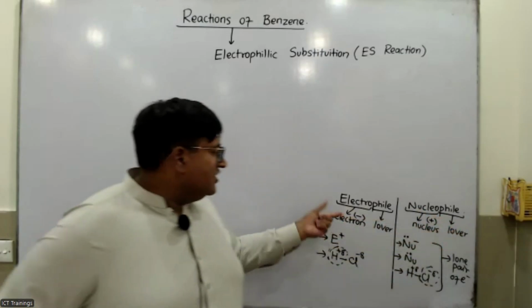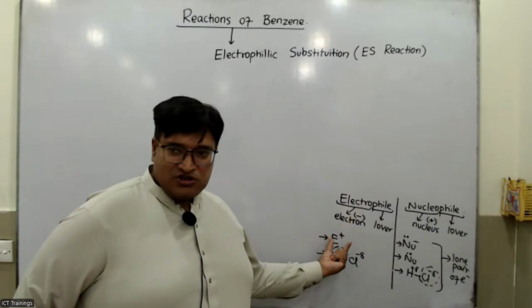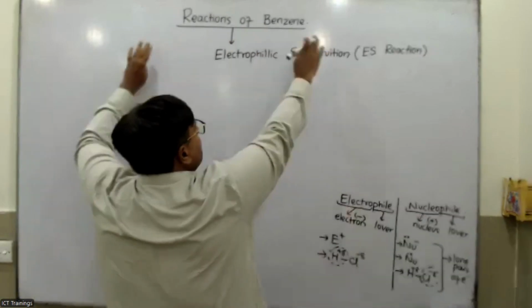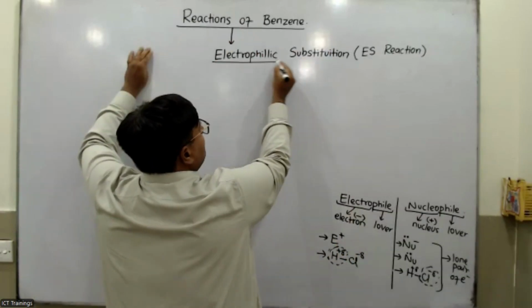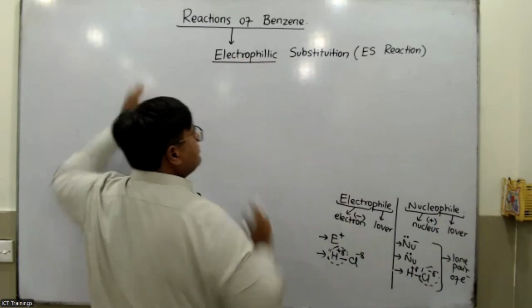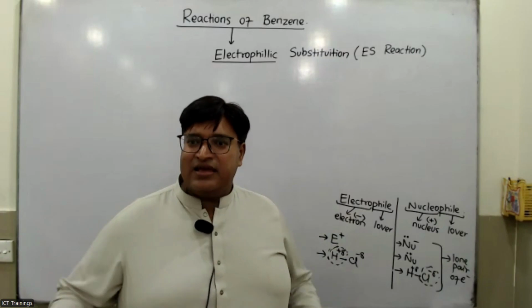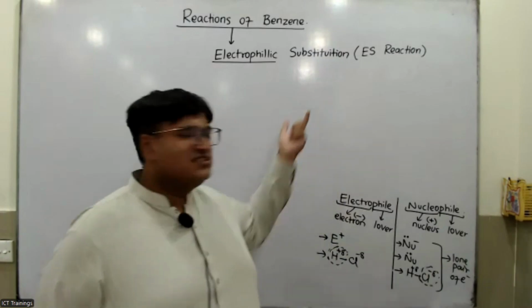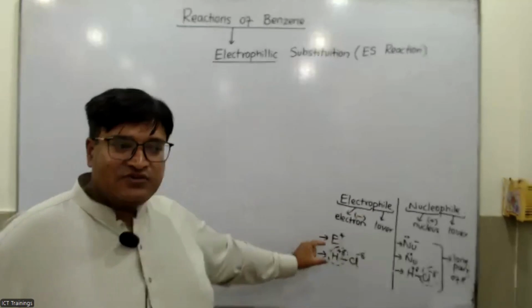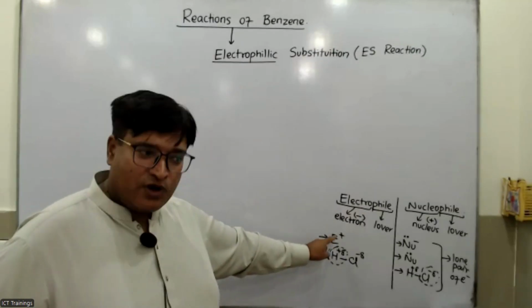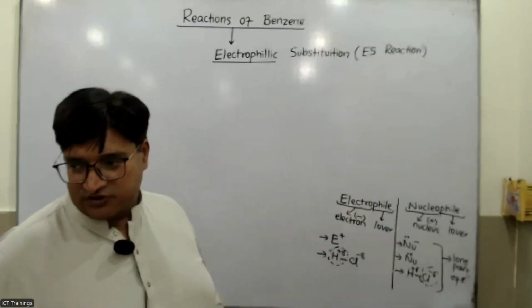So electrophiles are positively charged. So in benzene, the electrophilic substitution means that the electrophile is positive or partial positive. Anything which wants to react with the benzene should be an electrophile, with positive charge or partial positive charge.